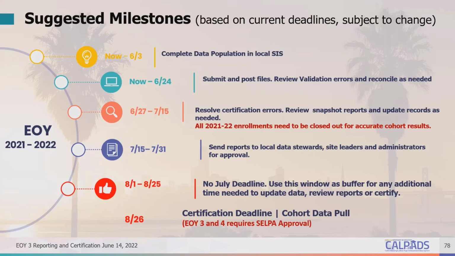6/27 to 7/15, resolve certification errors. So we don't know if the certification functionality will be implemented within the next 6 days or not. But if you have certification errors currently, you can work to resolve those.